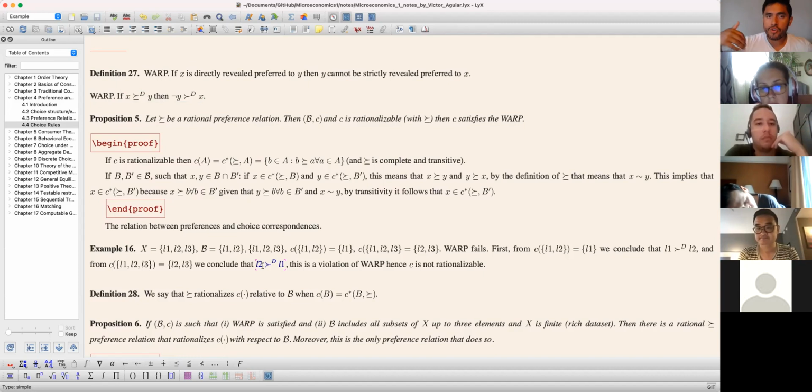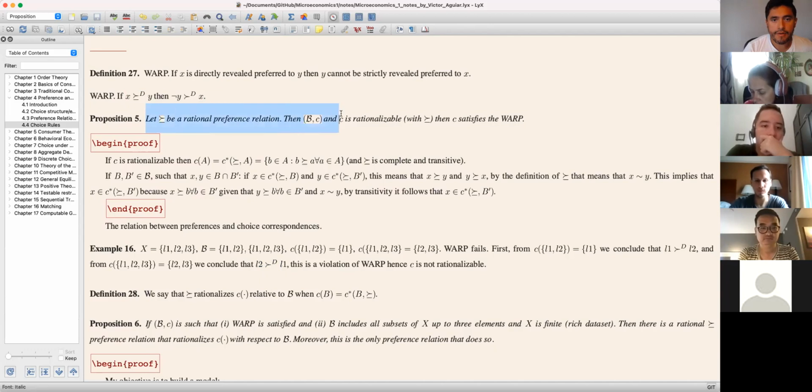Moreover, Samuelson also thought that the weak axiom was different from rationality, right? And it's a little bit different, but it's not much different. And the first result that we established is basically that if you have preferences that are generated by rational behavior, then you satisfy WARP, okay? So we also know that WARP, in fact, ended up being a test for rationality.